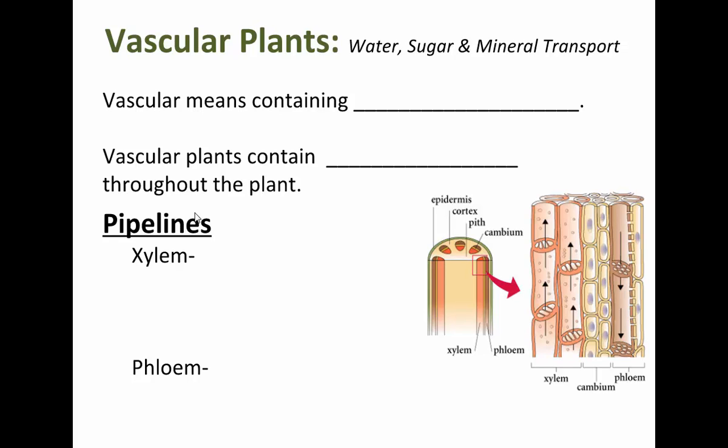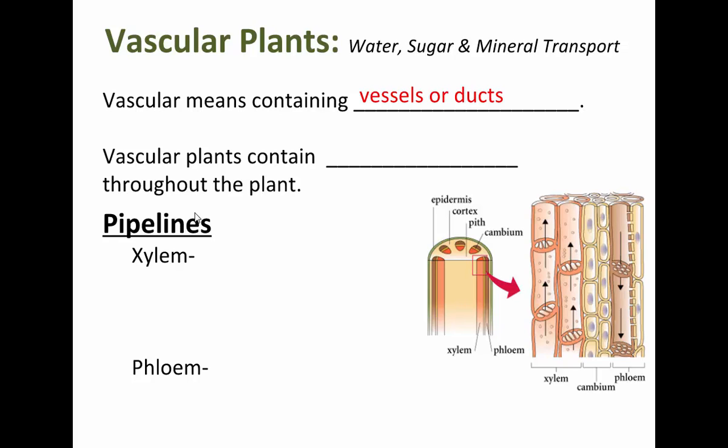So this word vascular, where have you probably heard it before? Something vascular. Like a disease? Yeah, vascular diseases, or a body system: the cardiovascular system, meaning your heart. And vascular means the tubes, your blood vessels.